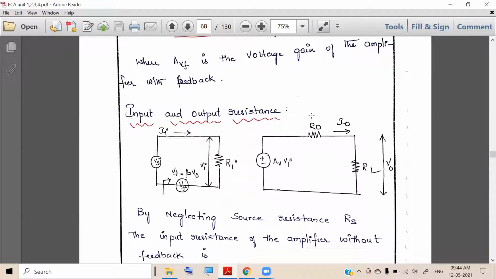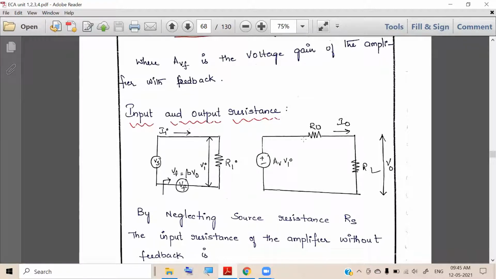Current drawn means towards left, the current drawn by the circuit. So now we should take I naught towards left. In the general case, I naught is taken flowing towards right, but only for finding output resistance we consider the current entering, because it is the current drawn by the circuit. So we take I naught in the leftward direction.